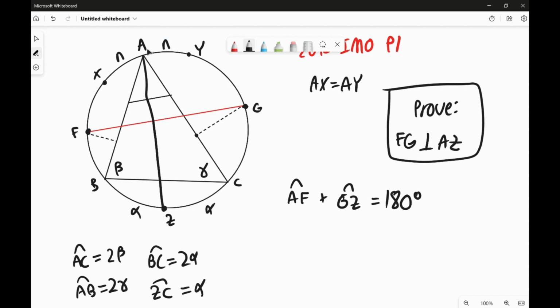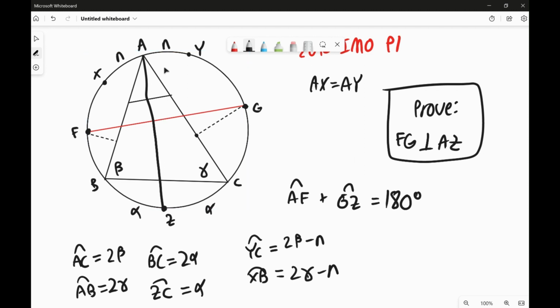Well, because arc AY is equal to N, we have that arc YC is equal to 2 beta minus N, and arc XB is equal to 2 gamma minus N.